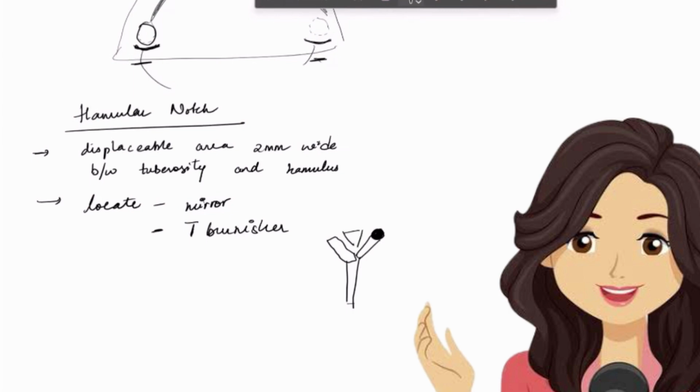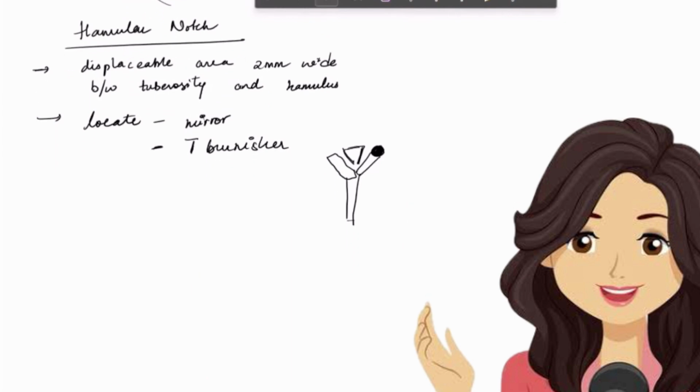So you keep this portion between your ridges and try to walk the T-burnisher. The correct word that we use is walking the instrument. So you move the T-burnisher across the ridge, and where you feel the sudden drop or depression, that is where your hamular notch is located, right? It will ease into the depression.